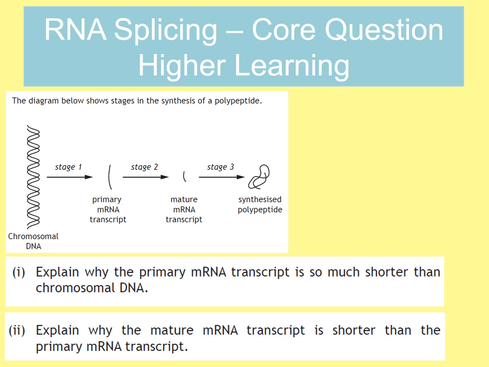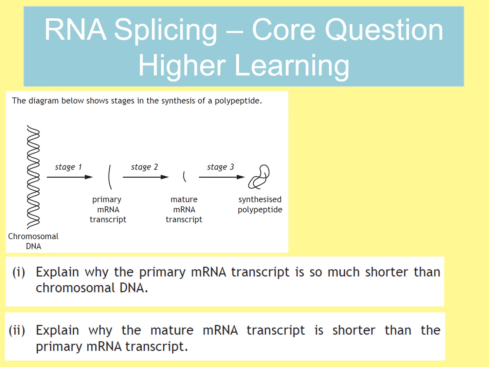explain why the primary mRNA transcript is so much shorter than the chromosomal DNA. And then if you look to stage 2, you've then to explain why the mature mRNA transcript is shorter than the primary mRNA transcript. So at stage 1, what we're seeing is that chromosome, remember, is made up of many genes.